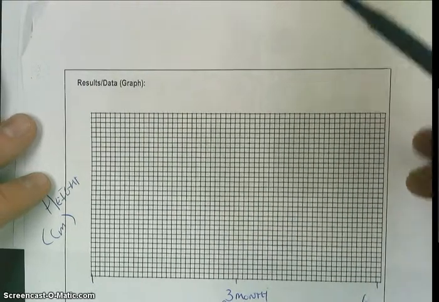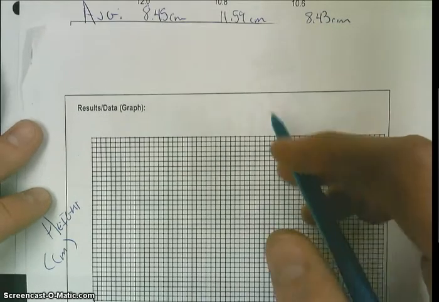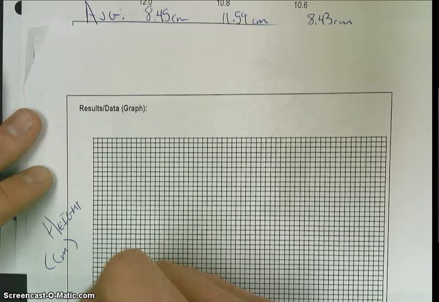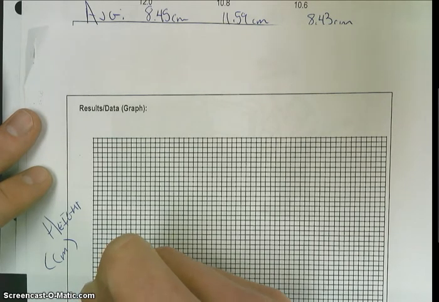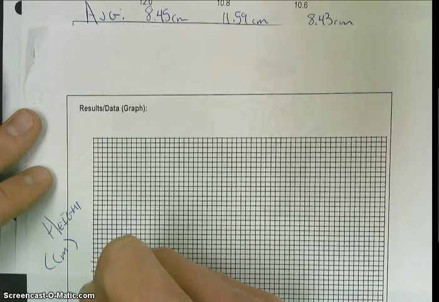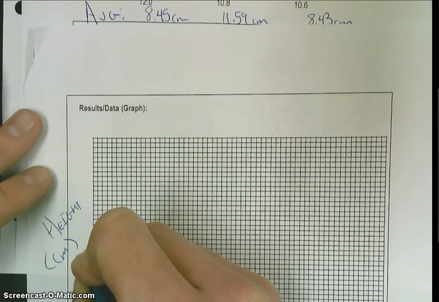Like we looked at before, the no compost was 8.43. I need to set my scale, and I'm going to say every 2 of these represents 1. So 0, 1, 2, 3, 4, it's 5 centimeters.